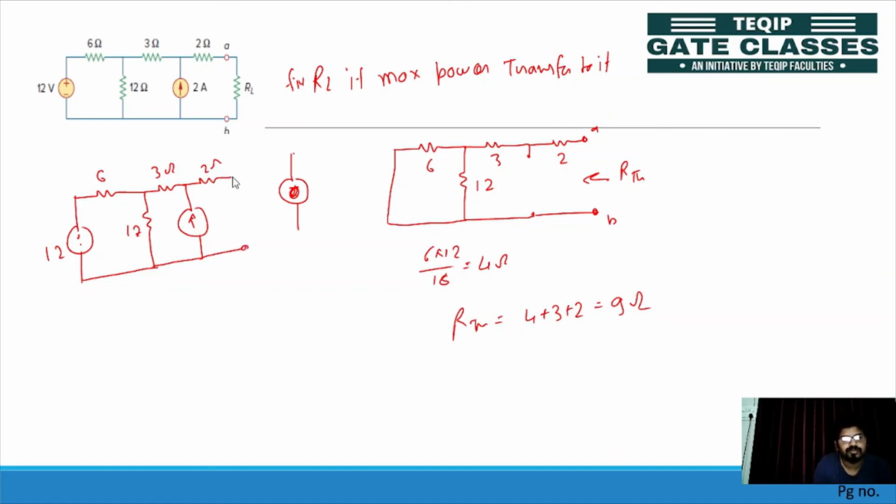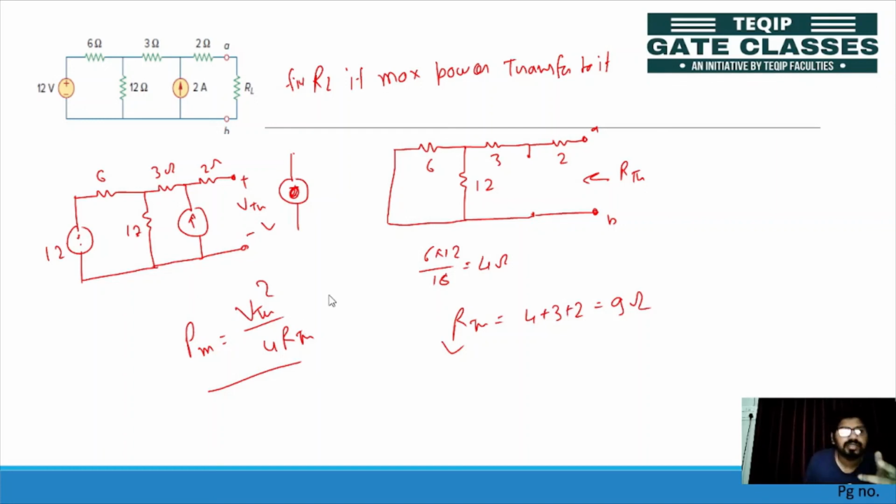Here you have to find the open circuit voltage. This is your VTH. You can apply nodal or mesh to find this VTH. When you get your VTH, then your maximum power will be VTH square divided by 4 RTH. You got your RTH here, you will get your VTH, and then this will be your maximum power.